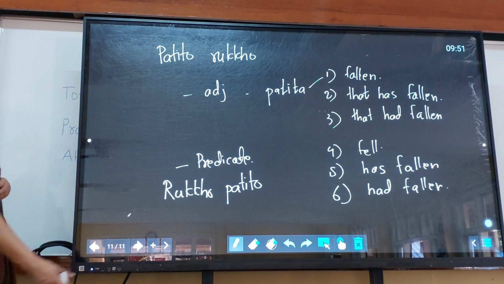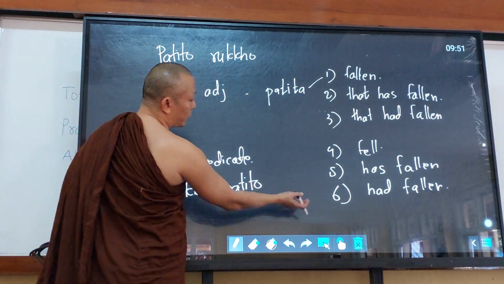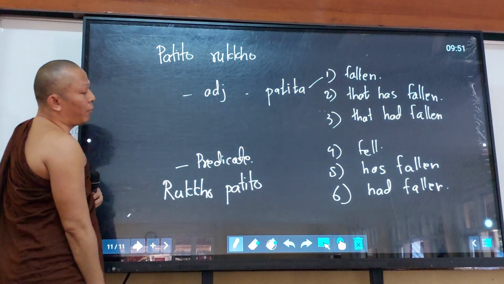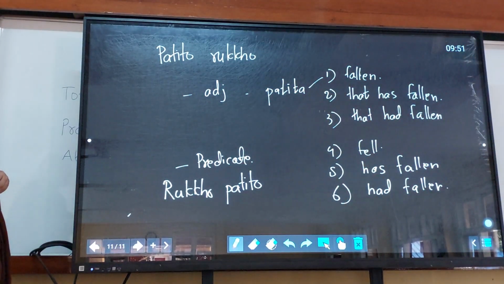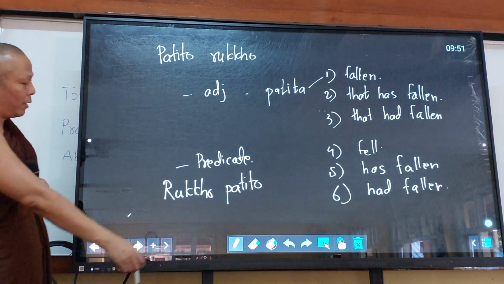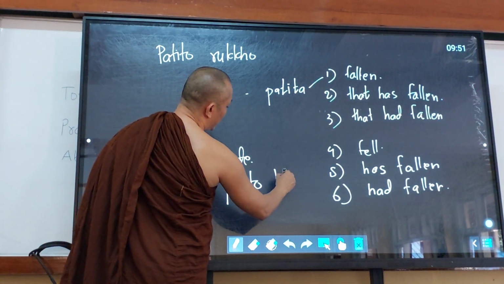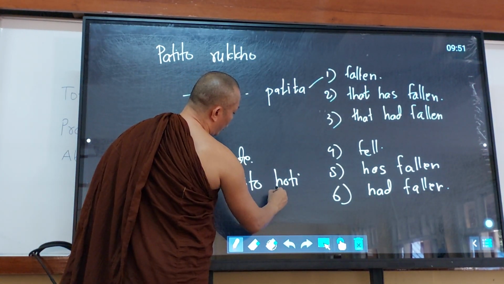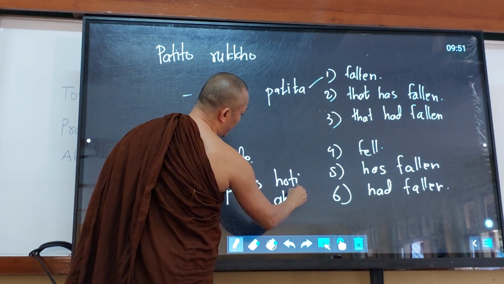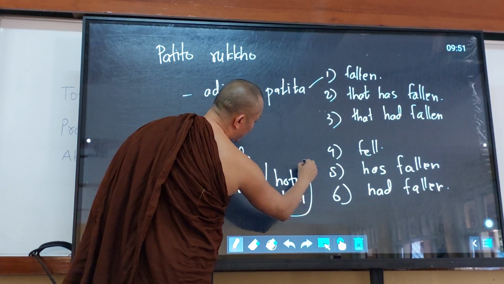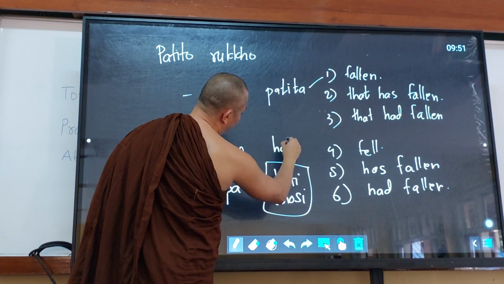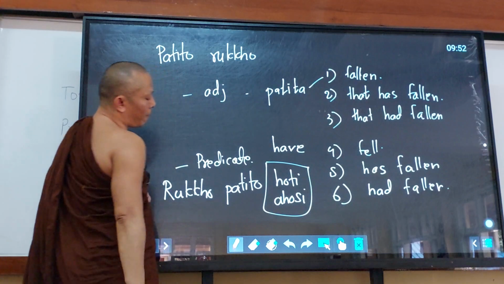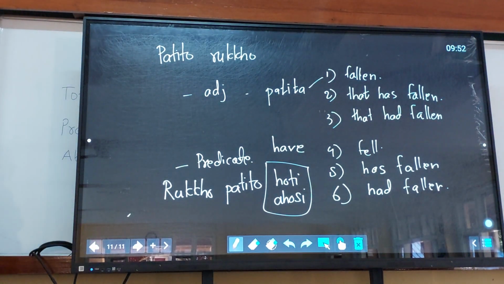When it is used as a past participle to differentiate a past perfect or present perfect, like badito hoti or badito hosi, that one is like have in English. In some texts it can be found in this way.